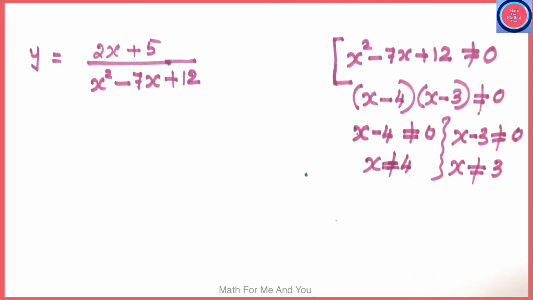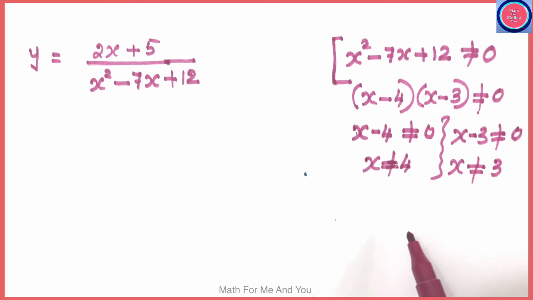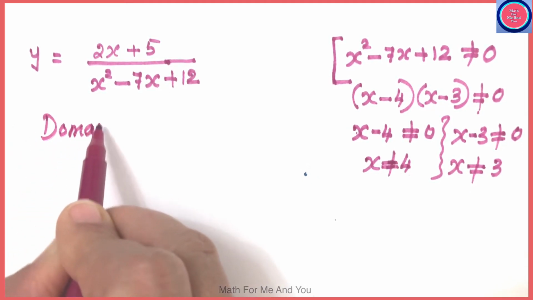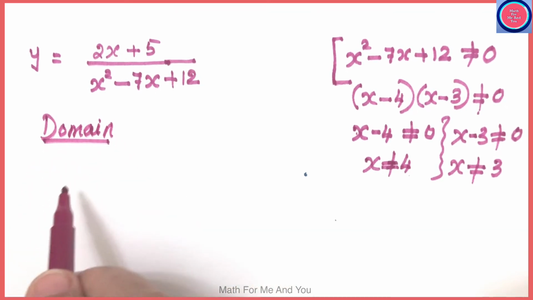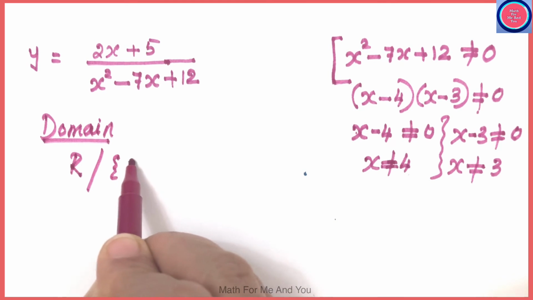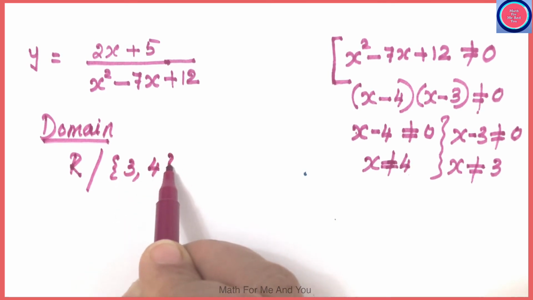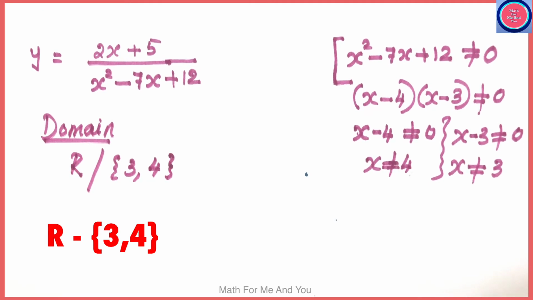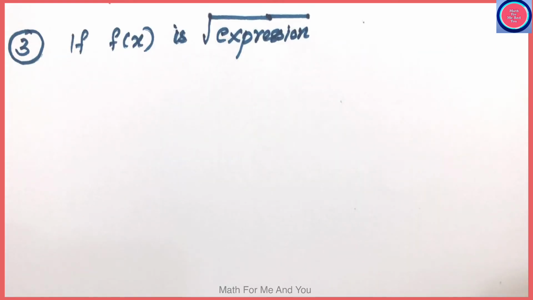So we get here the x values. x can take all the values except the numbers 3 and 4. We can write the domain. What is the domain in this question? R cut 3 and 4. All the values except 3 and 4. Or we can write R minus the set 3, 4.